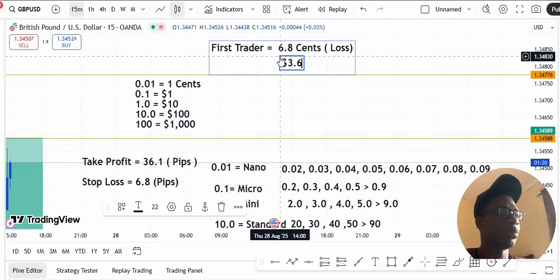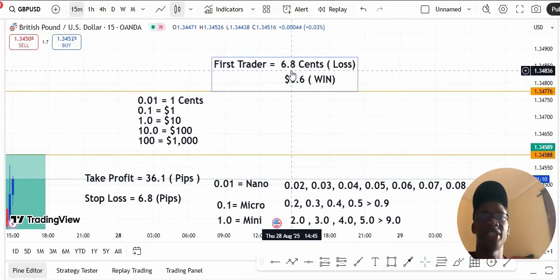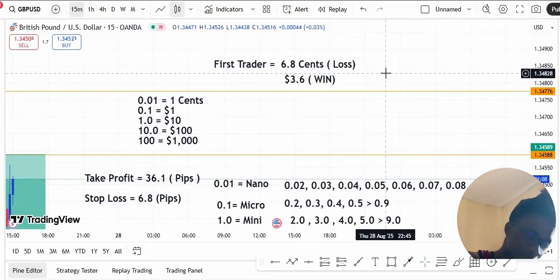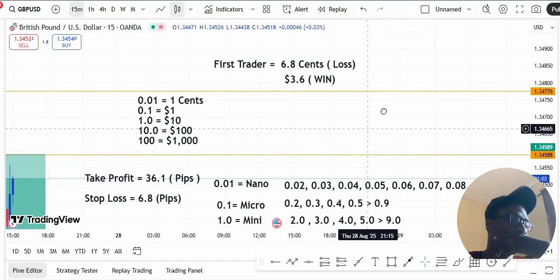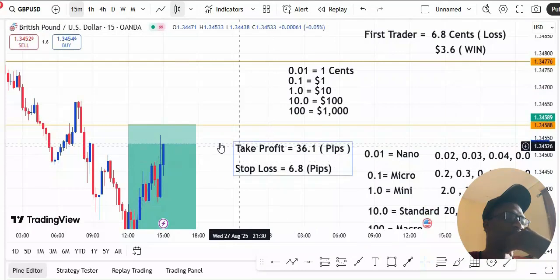Yeah, that is how much the person is going to be making if the trade goes to what? Win. So he's risking 6.8 cents to make $3.6. Do you get what I mean? This is definitely a take profit.